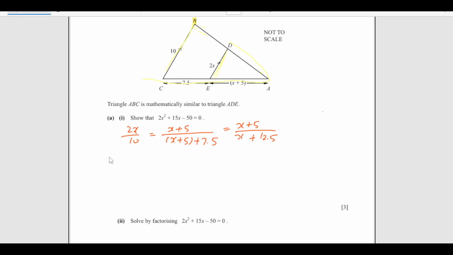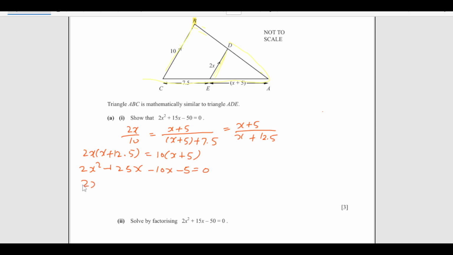So we have here 2x into x plus 12.5, on the other side we have 10 into x plus 5. So this is 2x squared plus 25x minus 10x minus 50. I have shifted everything to the left hand side, so on the right hand side we will have 0.